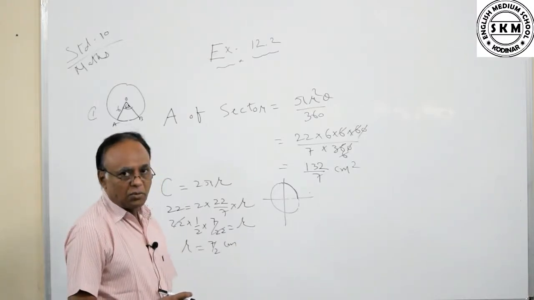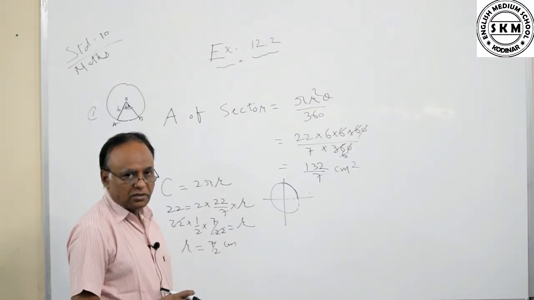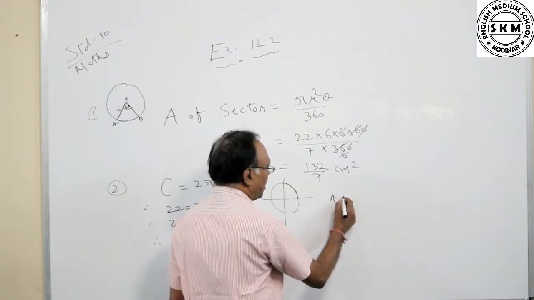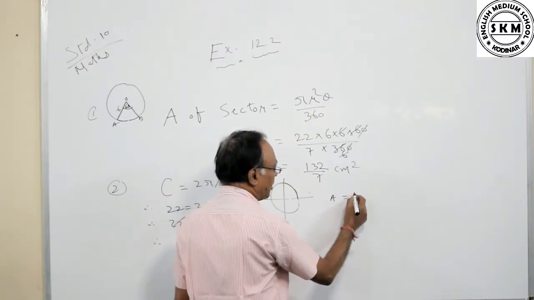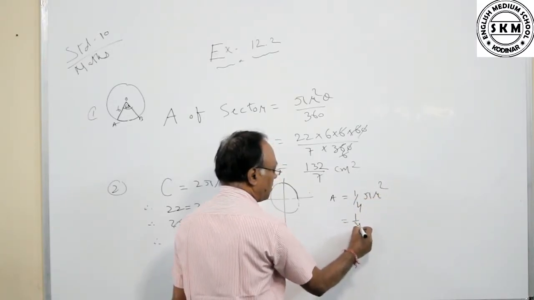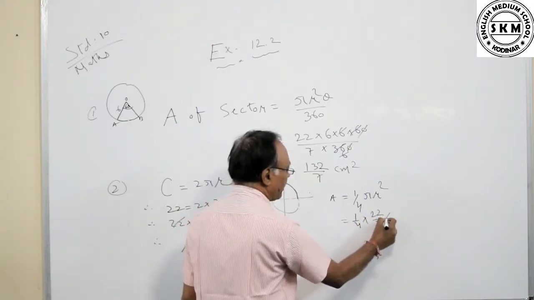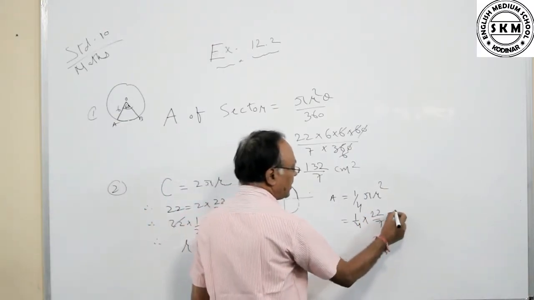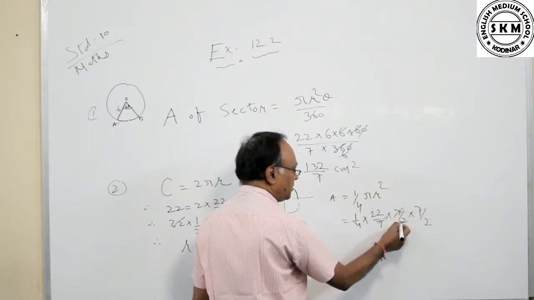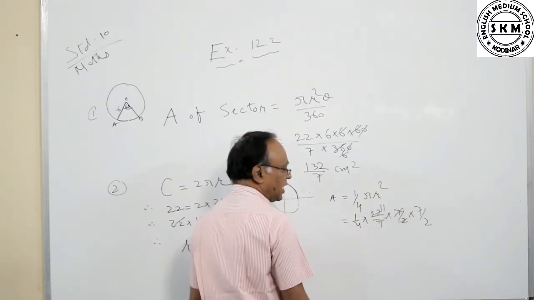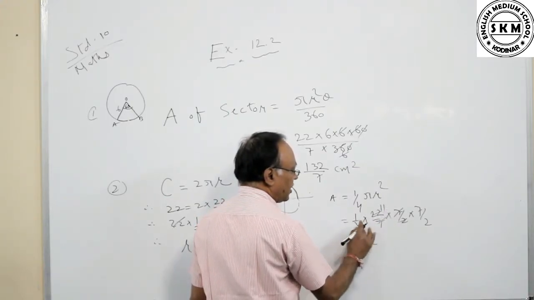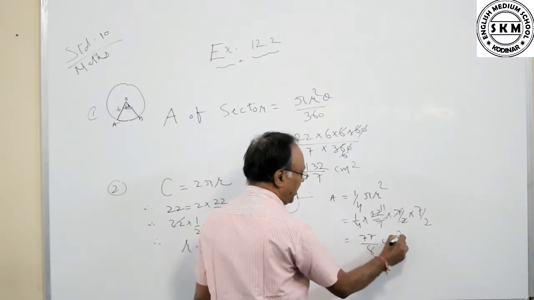Suppose I use area of quadrant is equal to 1/4 pi r square. 1/4, pi is 22/7, radius we found 7/2 into 7/2, 7 cancels, 2 into 11. Now the remaining: 11 times 7 is 77 and 4 times 2 is 8, so 77 upon 8 centimeter square.